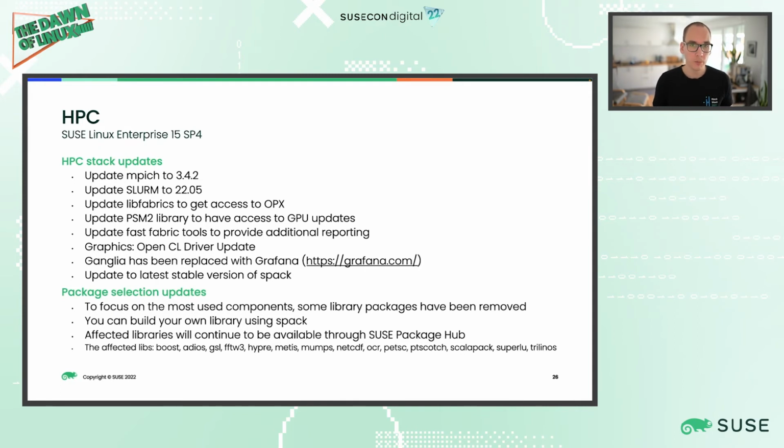All the affected libraries that have been removed from the HPC offering are still available within SUSE Package Hub. There's also a listing here with all the affected libraries that have been removed. You now either have to use Spack to build those libraries on your own or use them from SUSE Package Hub.